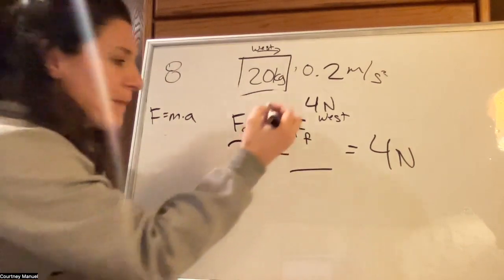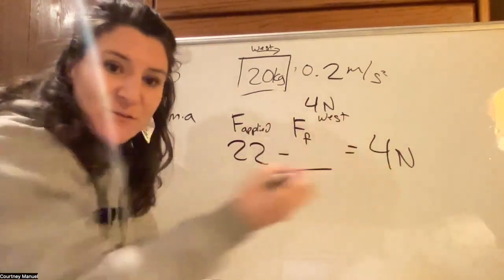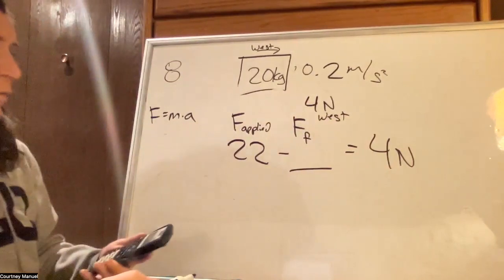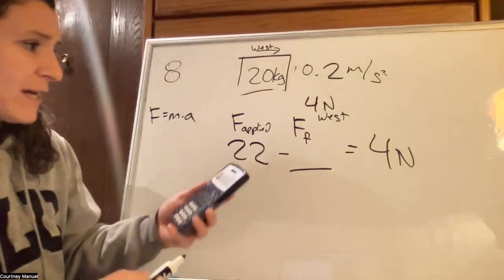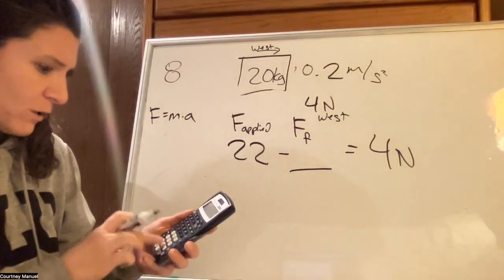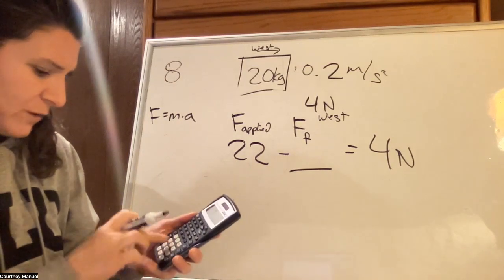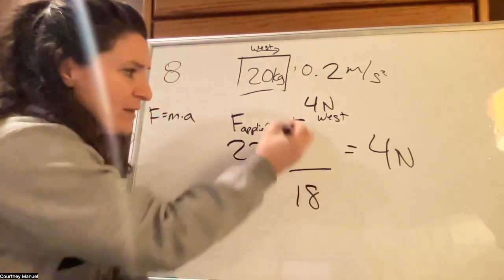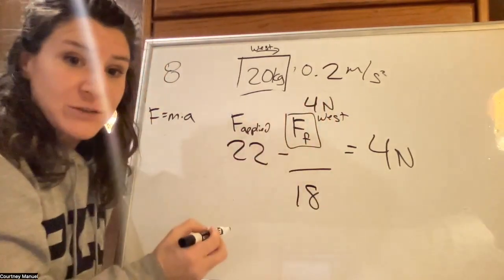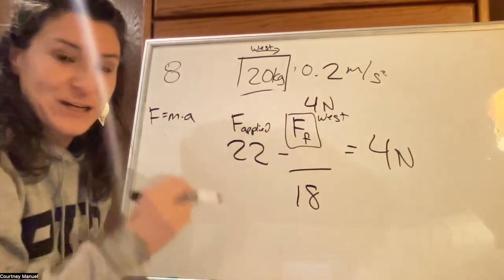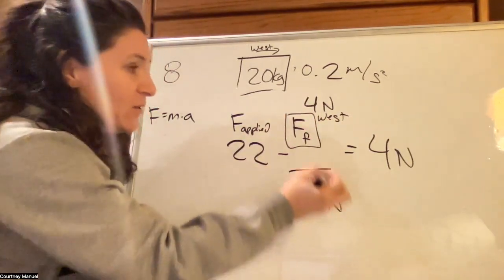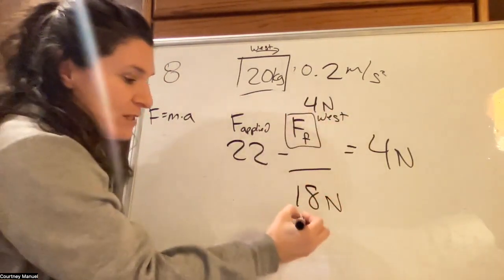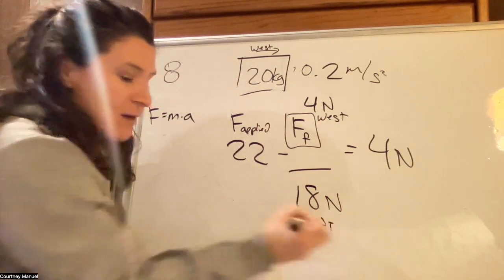So 22 minus something is going to give us 4. Well, we could subtract 22 from both sides and take the negative, or we could just move our 4. 22, give away 4. This number has to be 18, which means our kinetic friction force is 18 newtons. We're heading west, so this must be opposing us going east.